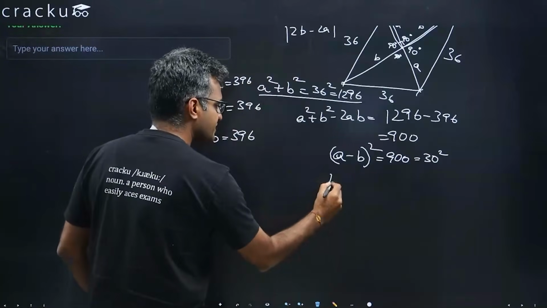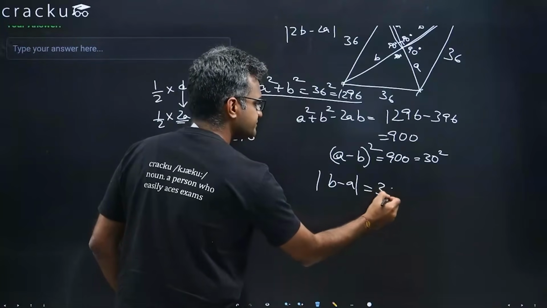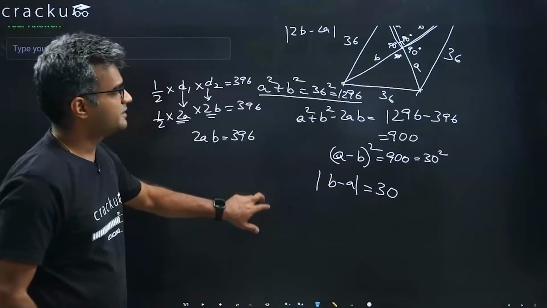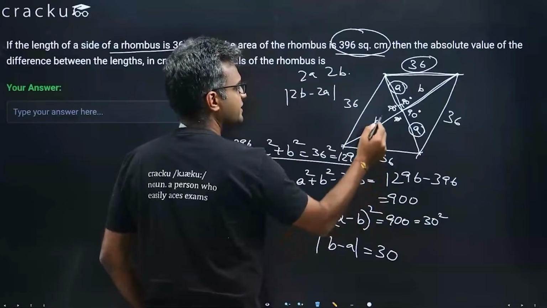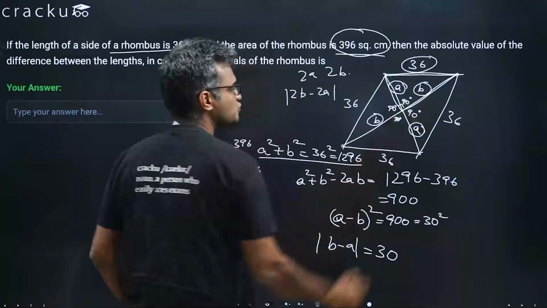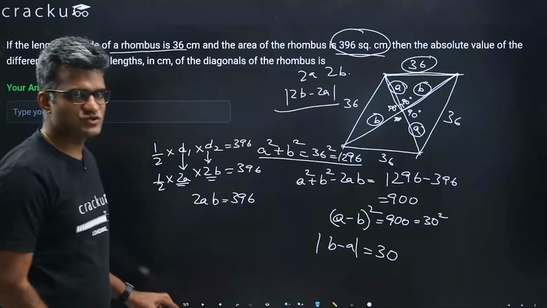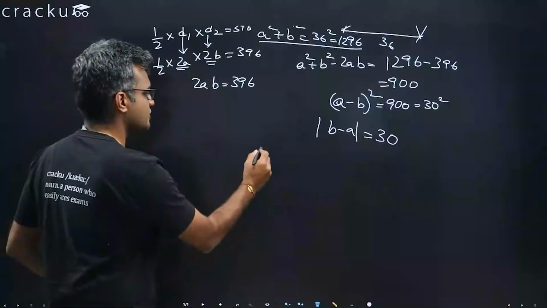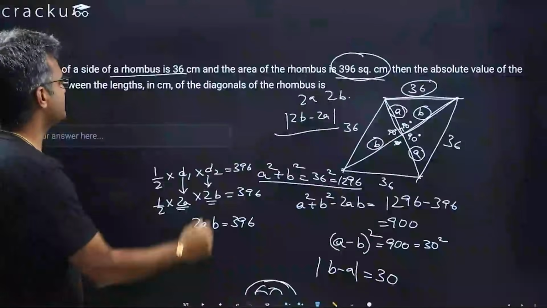Therefore, the value of b minus a, the absolute value of it, will be equal to 30. But remember that the diagonals are of length, this is a and this is a, so 2a, and the other diagonal is b and b, which is 2b. So what we are required to calculate is 2 times b minus 2 times a, which will come to equal 60. So the answer for this particular question will be equal to 60.